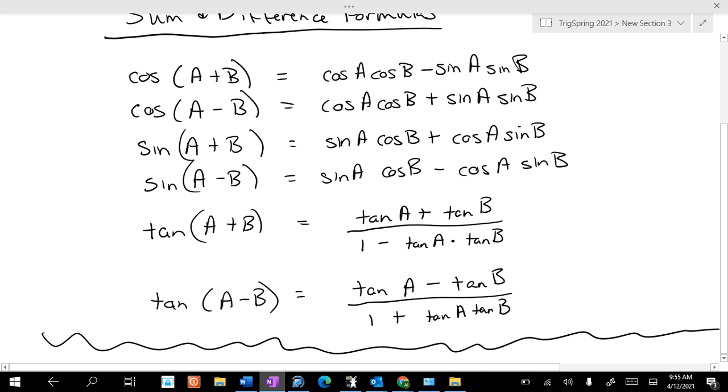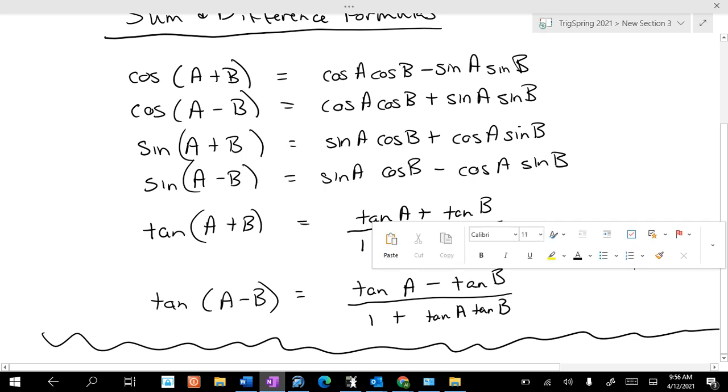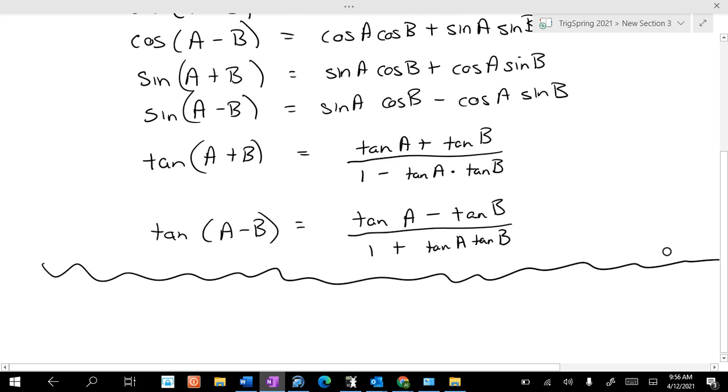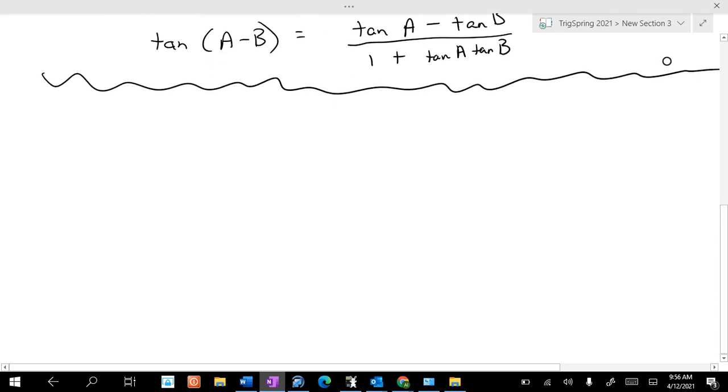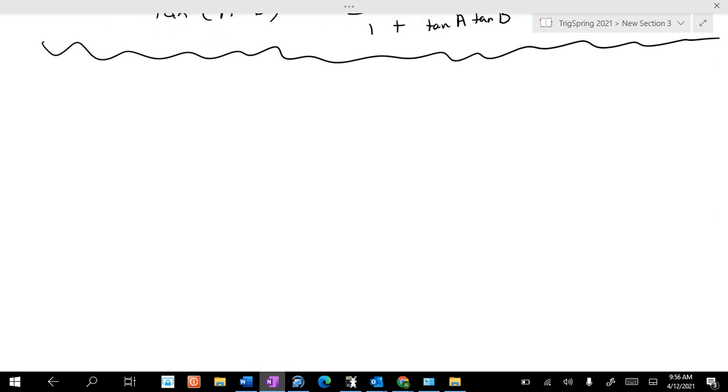Okay, and we're just going to ease our way into this. So we're just going to deal with cosines today. Get out your unit circle, please.